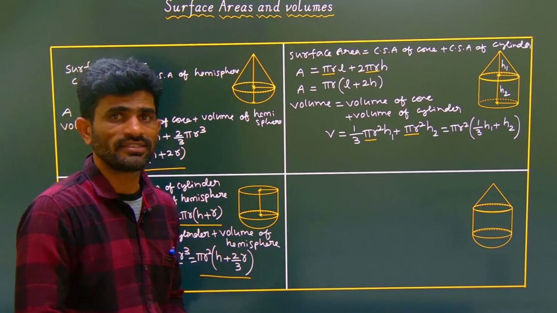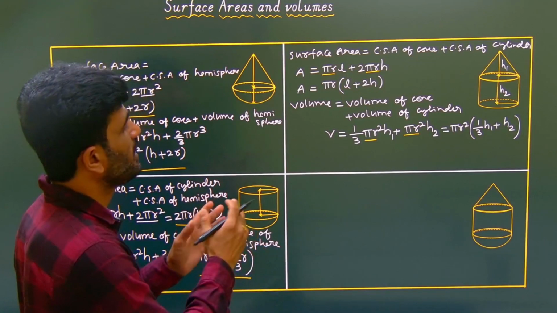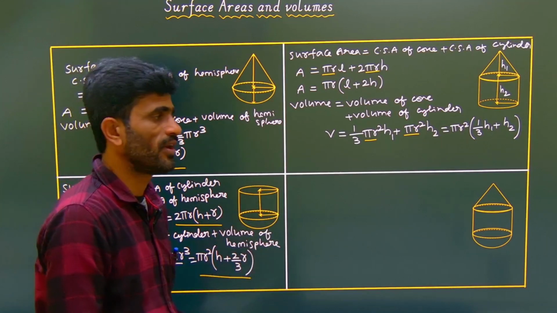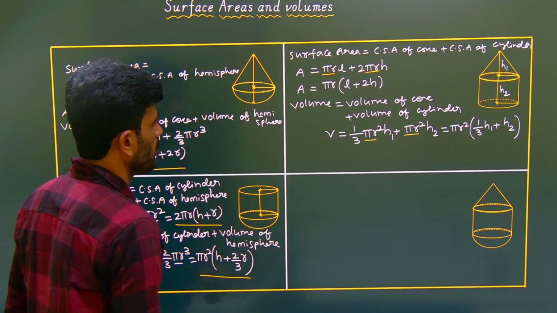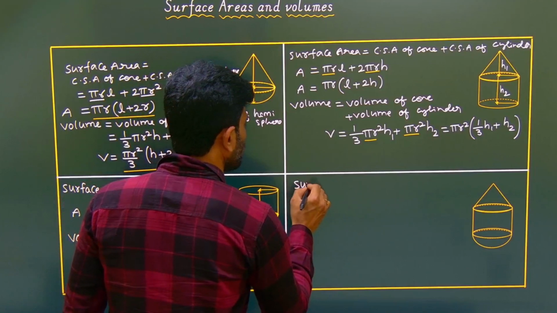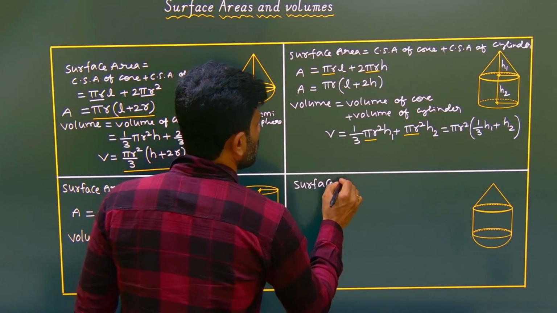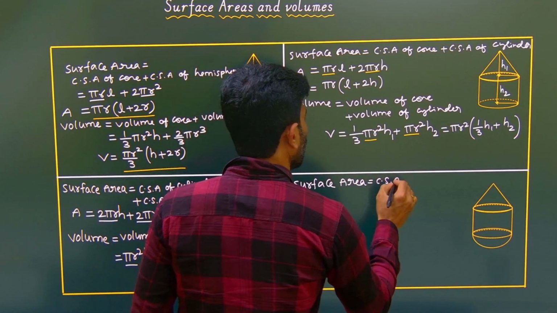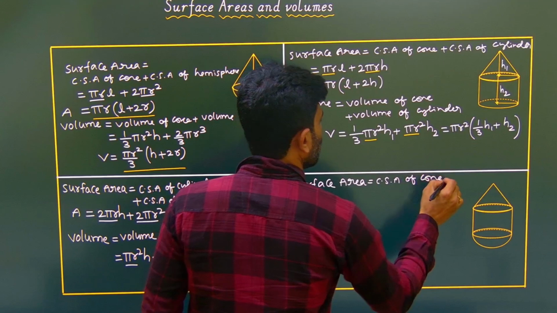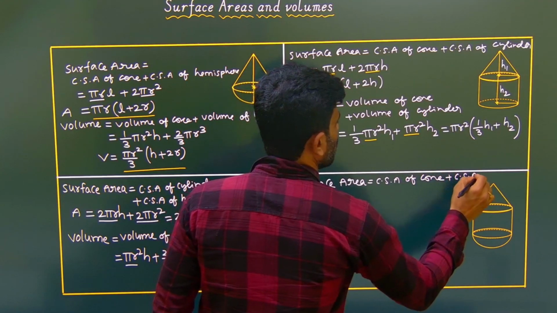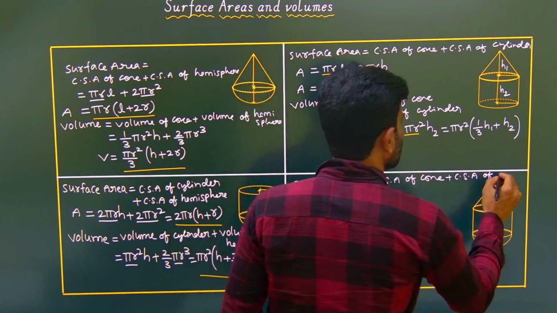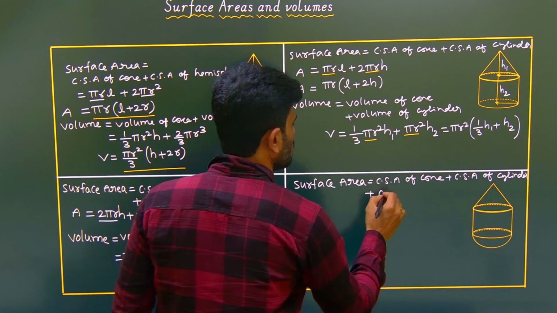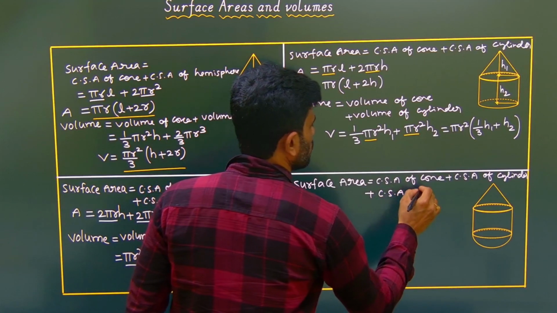So we have to find the LSA, TSA and volume of the individual solids, write them all together, then take the common factor, and we get the final formula. Substitute all the values given in the question and we get the answer very easily. Now for this solid, again the surface area, it is a combination of 3. Surface area will be CSA of cone plus CSA of cylinder plus CSA of hemisphere also.